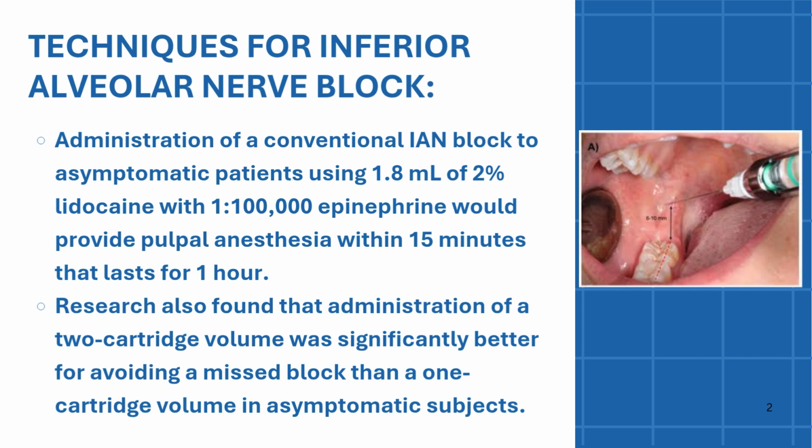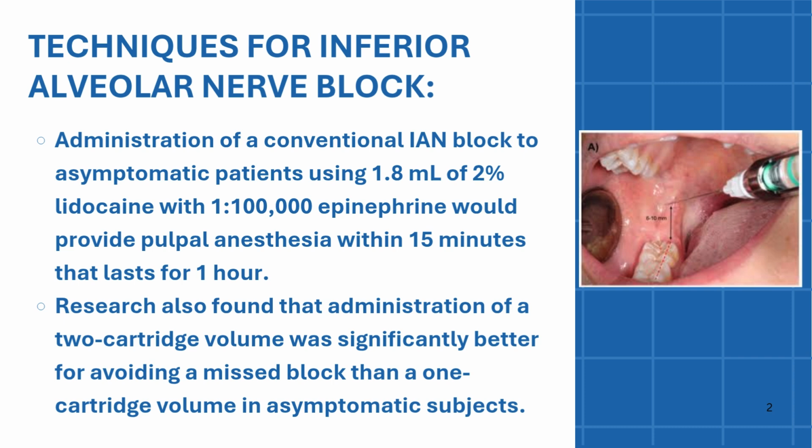So you will be administering a conventional inferior alveolar nerve block to a symptomatic patient. Usually your cartridge contains 1.8 ml of 2% lidocaine with 1 to 100,000 epinephrine, and that would provide you with pulpal analgesia within 15 minutes, and the pulpal analgesia will last for 1 hour.